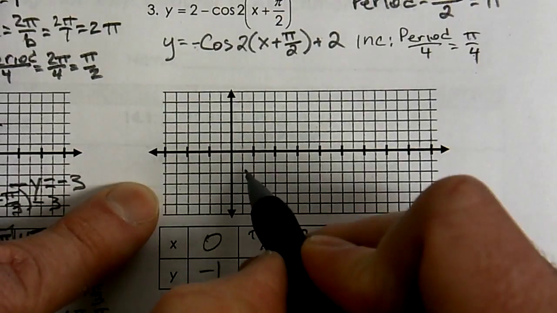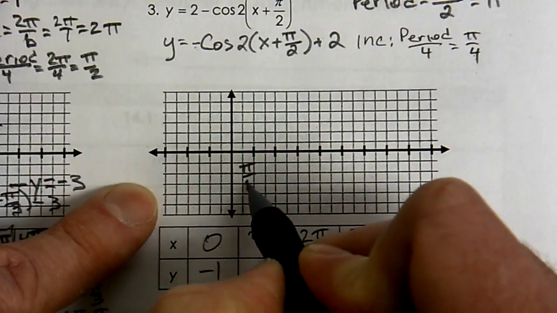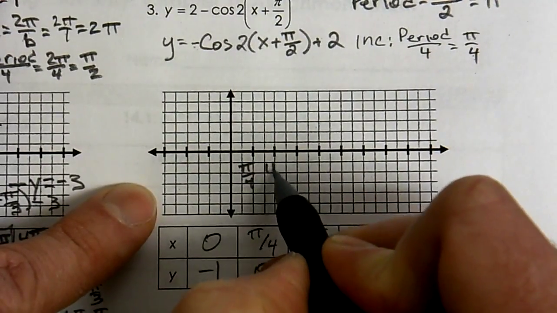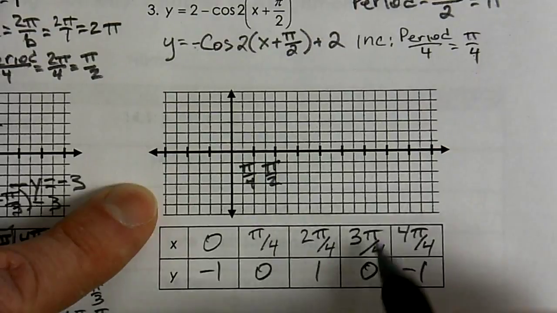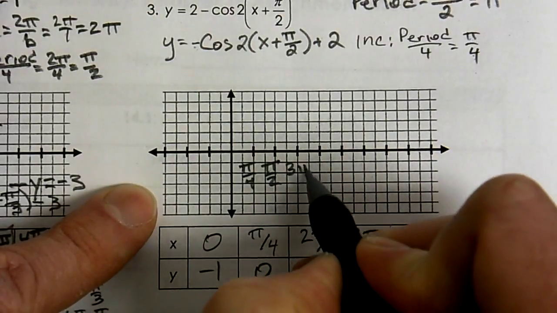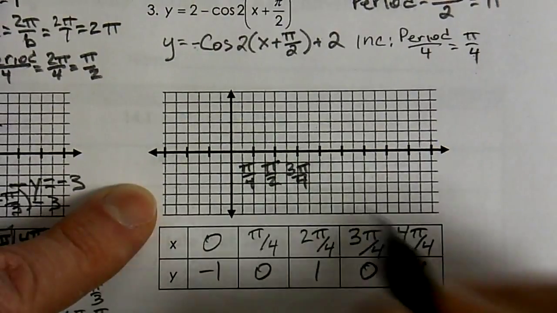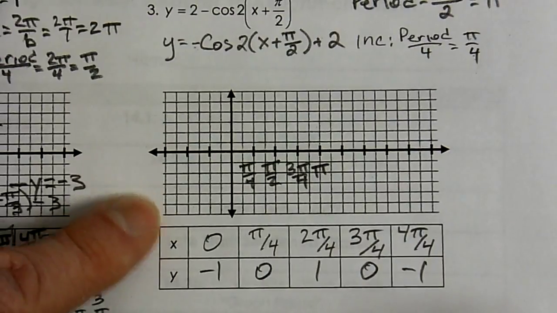So looking at our graph, we're going to have pi over 4, pi over 2, 3 pi over 4, and pi.